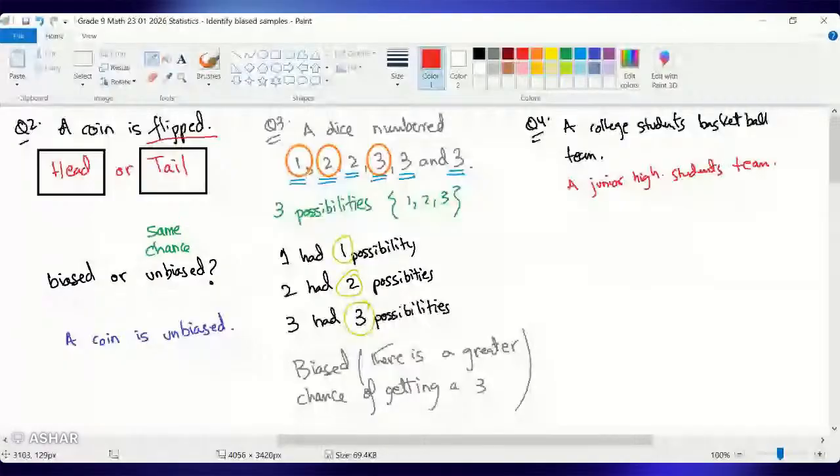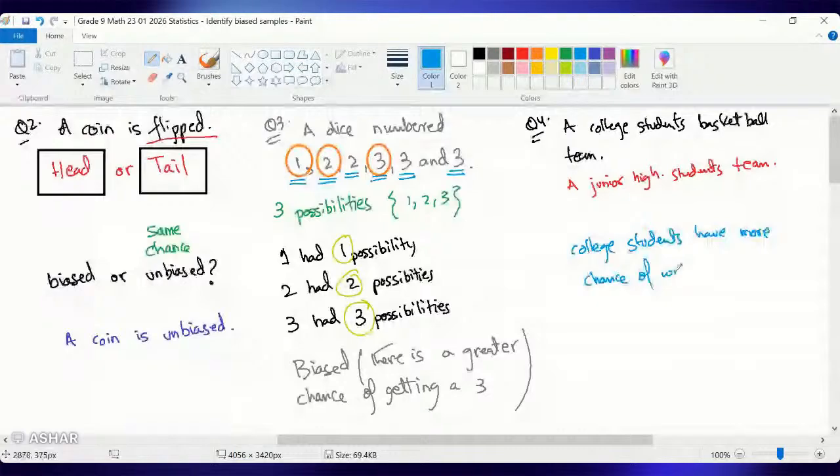When we compare the two different classes of students, they have more chance in the game.